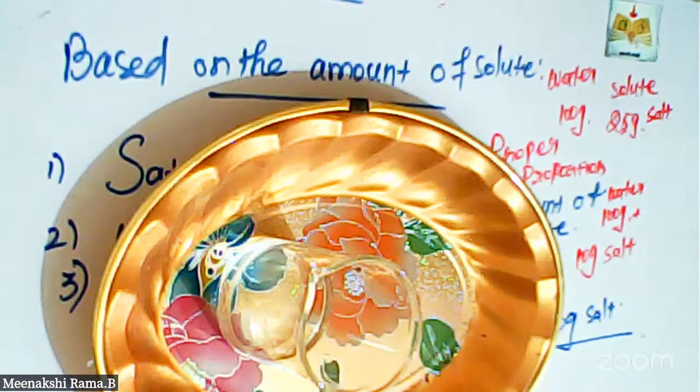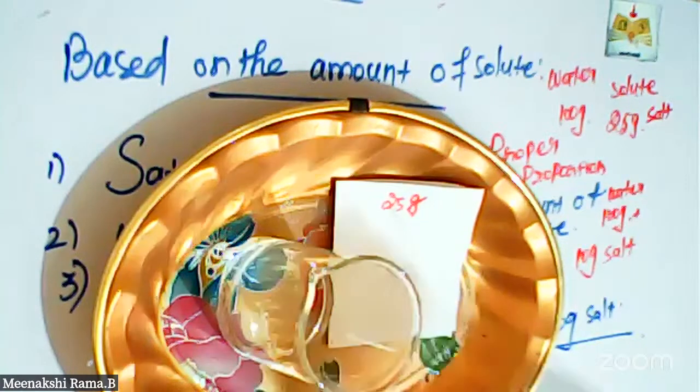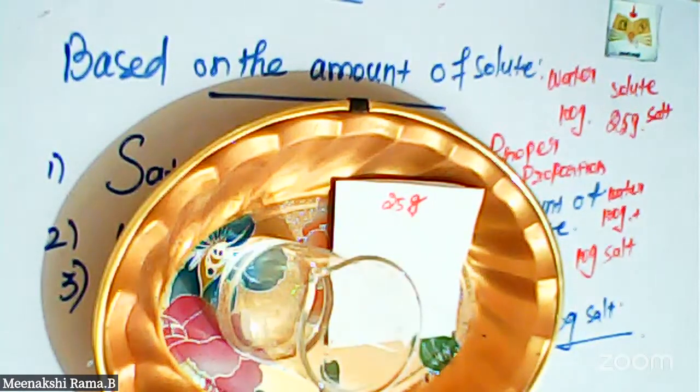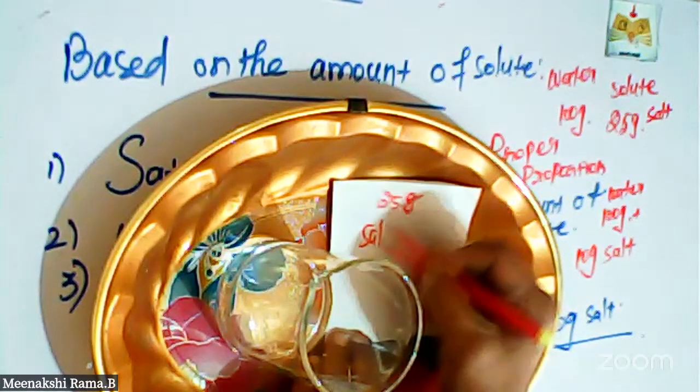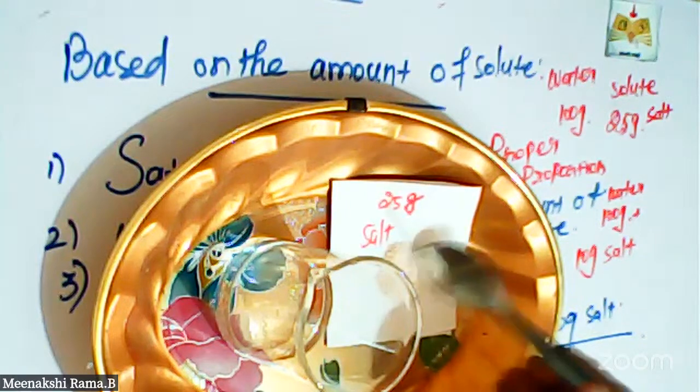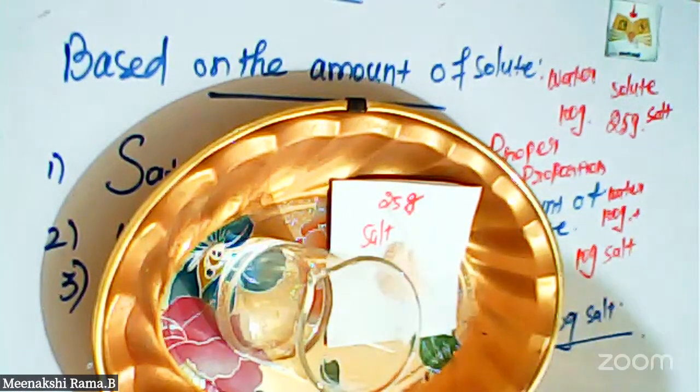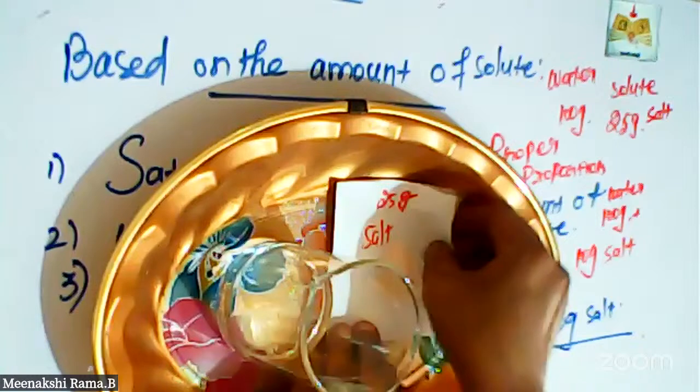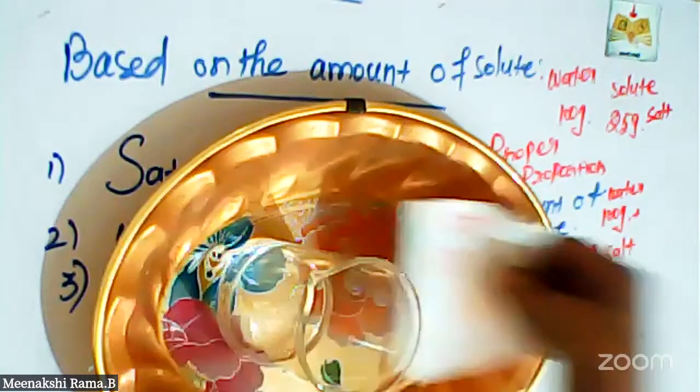How much salt are we going to take? 25 gram of salt is going to be added in this beaker. So I'm adding the salt into this beaker.